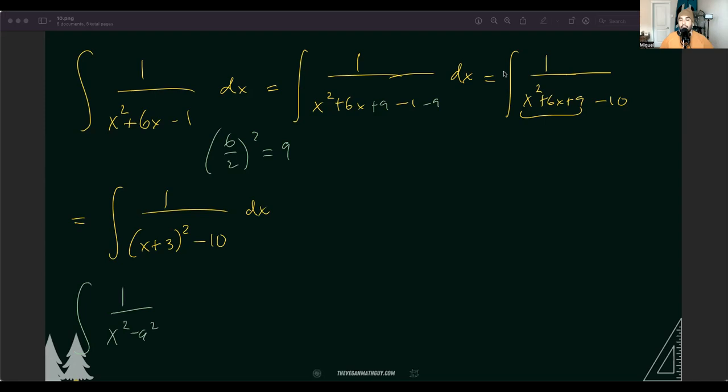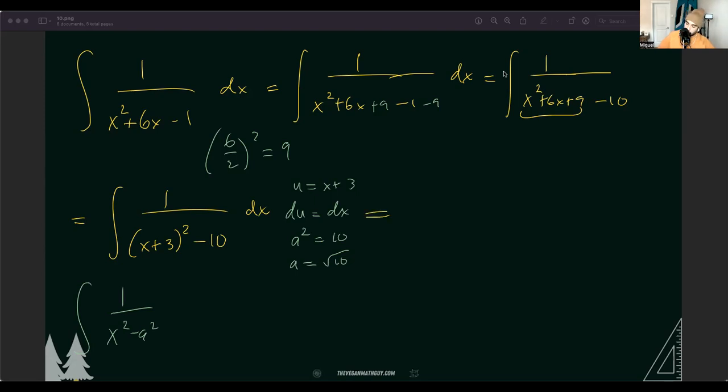But before we do that, we need to kind of just set it up that way. So first, we're going to make our u equal to x plus 3. So our du is just dx. And don't forget, a squared was equal to 10. That means that a is equal to root 10. It's a little tricky here because we have these radicals.